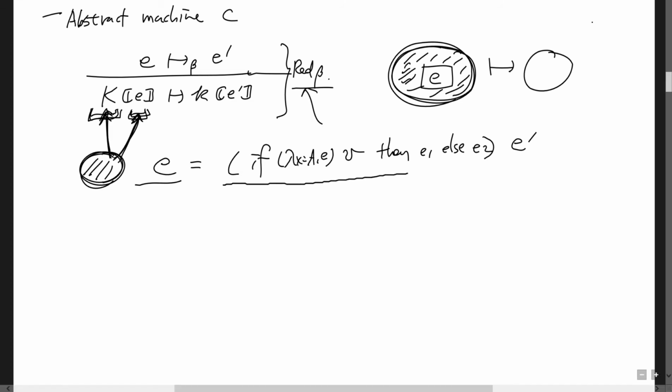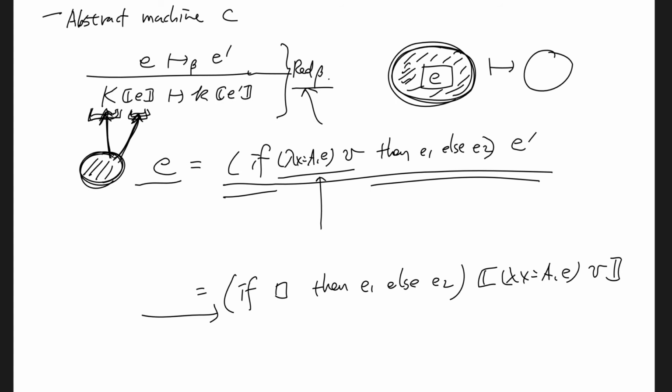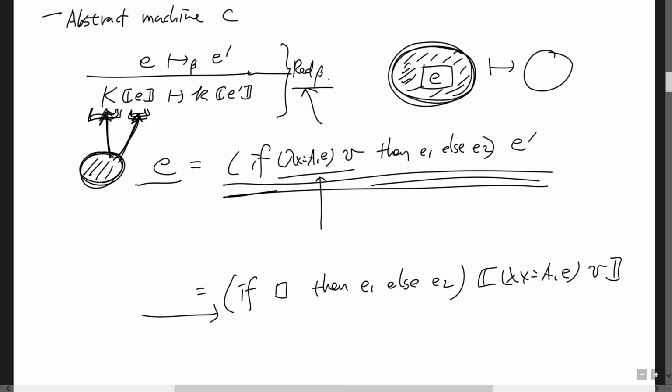If you are given this expression as a human, you can tell instantly, oh, the beta redex is found here, and the rest of it is going to be this one. So you can tell instantly the evaluation context is something like this, and the redex is this one. But this is feasible only because you are human. For a machine, this is not given for free. The machine is supposed to analyze the given expression by taking several steps, and everything should be explicit.